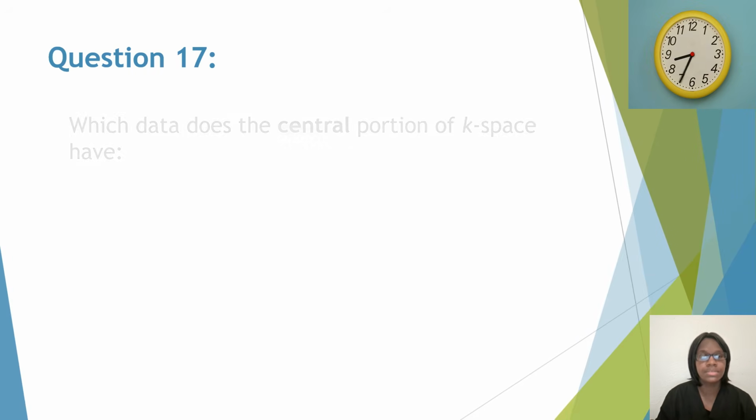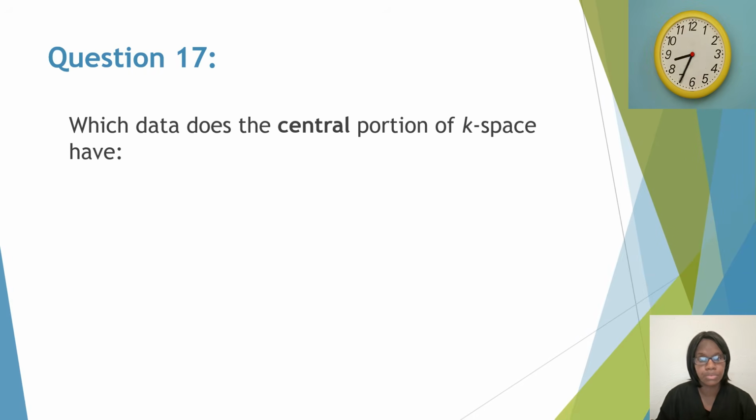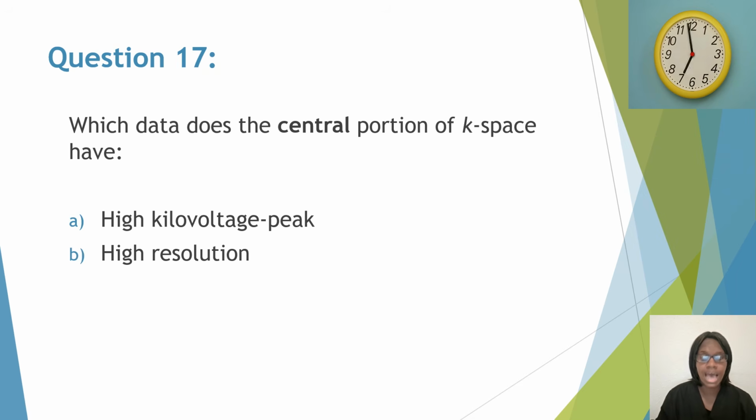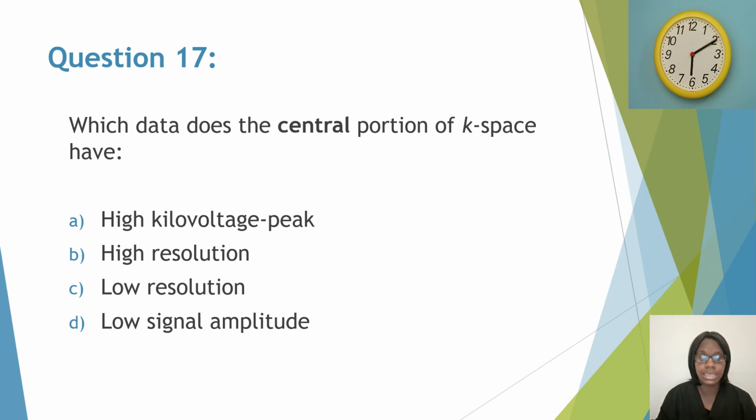Question 17. Which data does the central portion of K-space have? A, high kilovoltage peak. B, high resolution. C, low resolution. D, low signal amplitude.